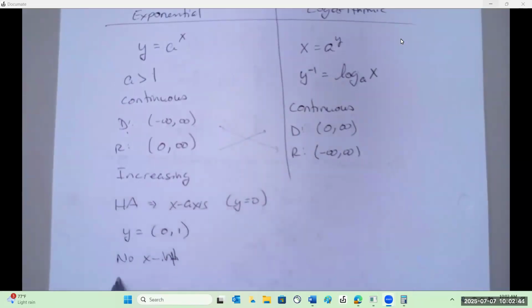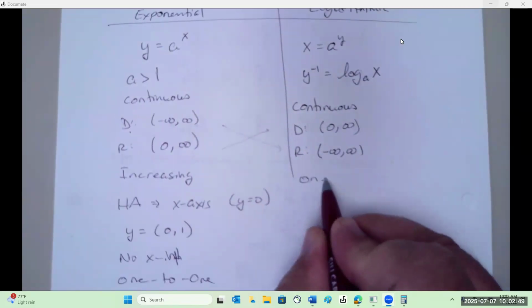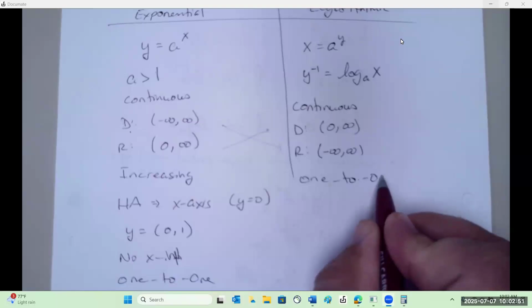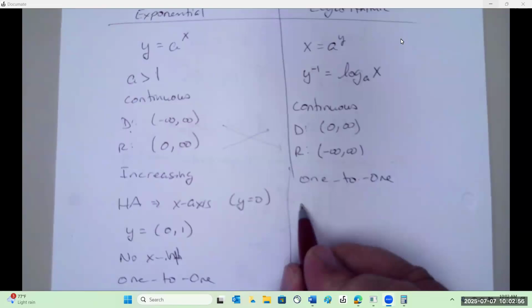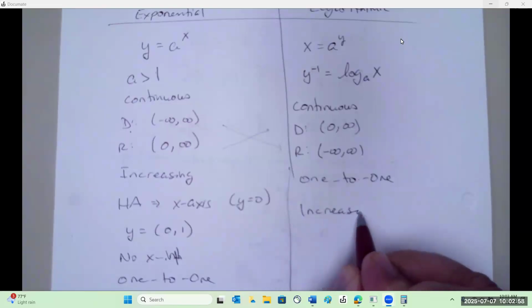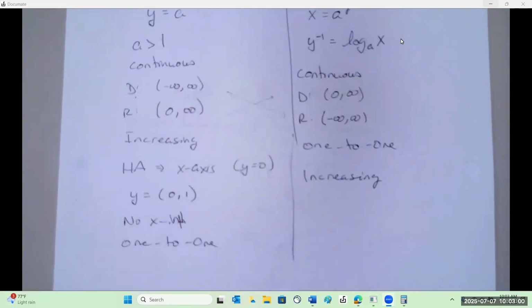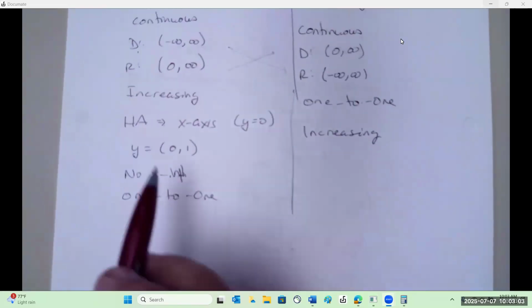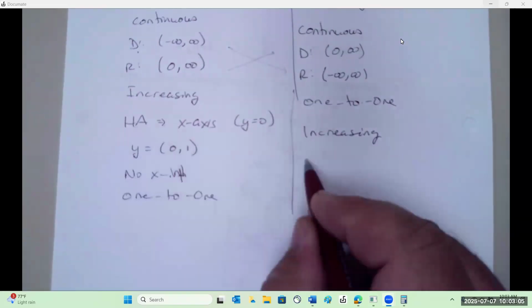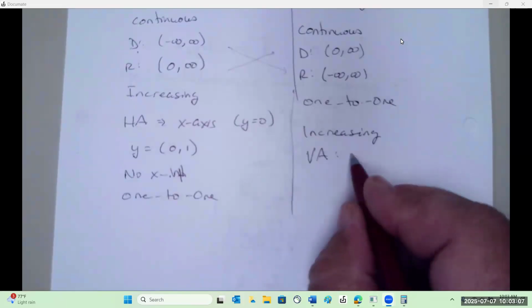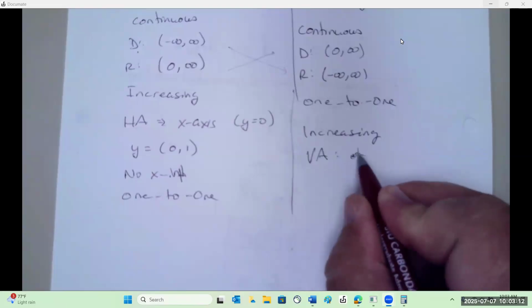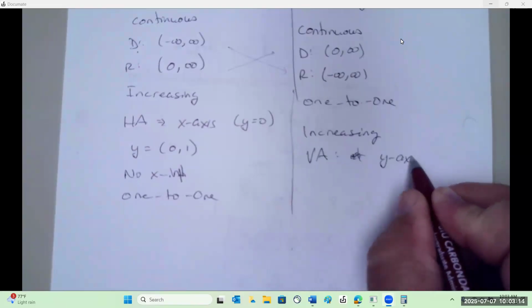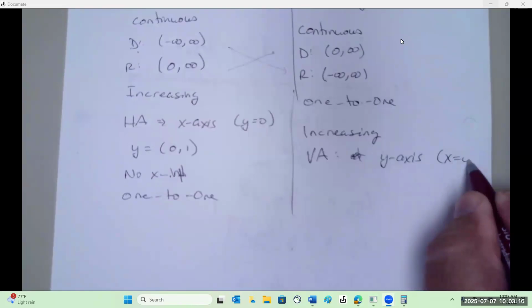I forgot, this one's also 1 to 1. This one's 1 to 1. It's also going to be an increasing function. Since this one has a horizontal asymptote, this one has a vertical asymptote, the y-axis, or at x equals 0.